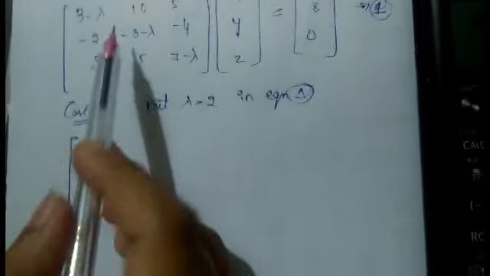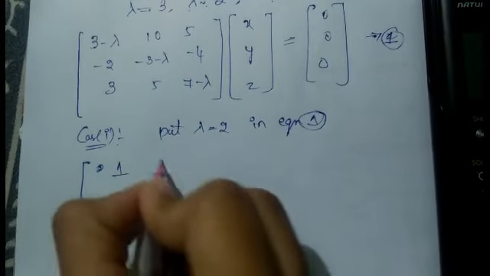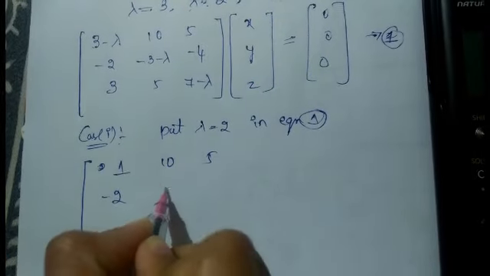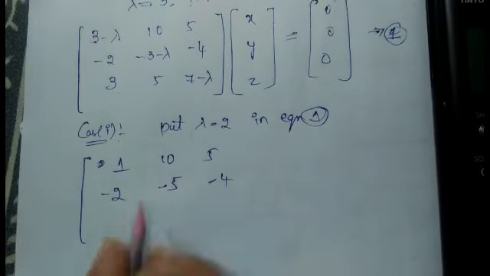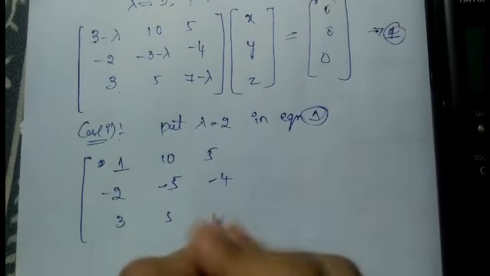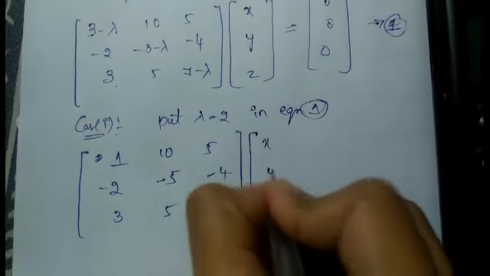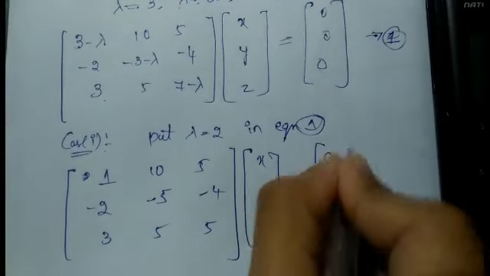So here when we keep, 3 minus 2 is 1, 10, 5; minus 2, minus 3 minus 2 is minus 5, and minus 4; 3, 5, 7 minus 2 is 5, into variable matrix x, y, z, and that equals to constant matrix 0, 0, 0.